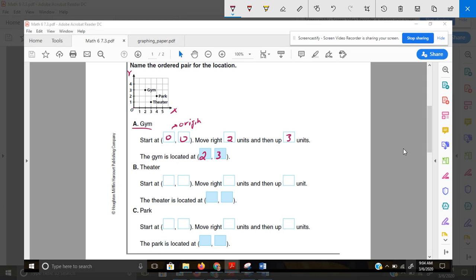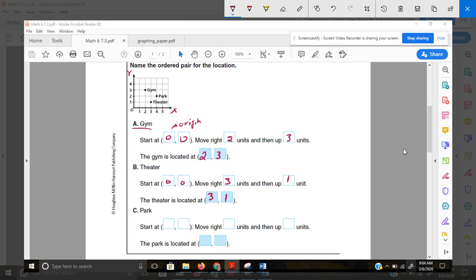So 2, 3. Next is the theater. Again, start at the origin, or 0, 0, every time. How would I get to the theater? Well, I'd go right 1, 2, 3 units, and then I would go up 1. So the ordered pair would be 3, 1.